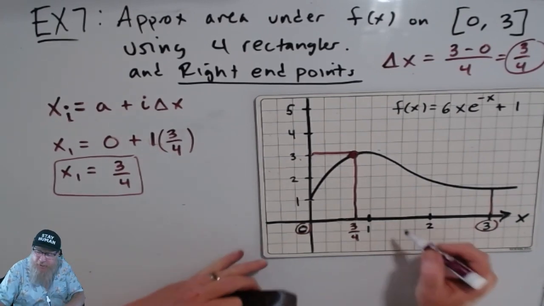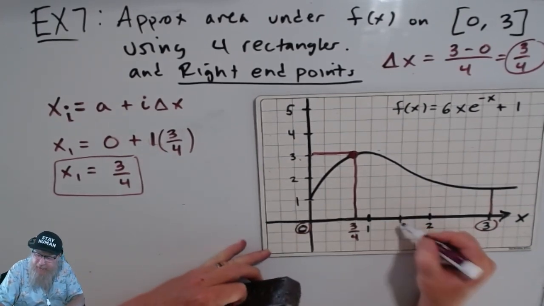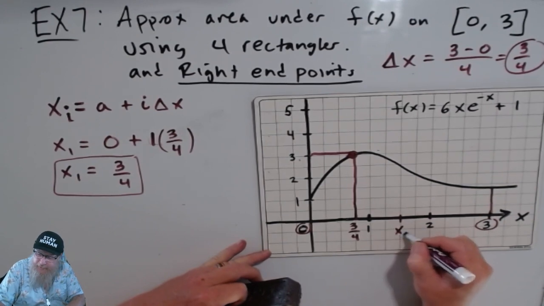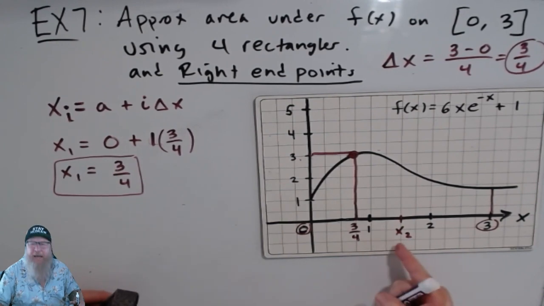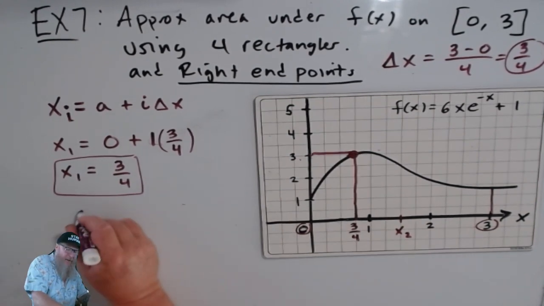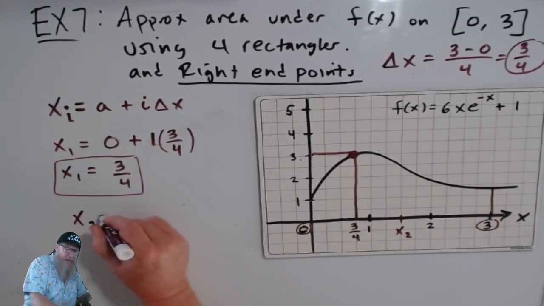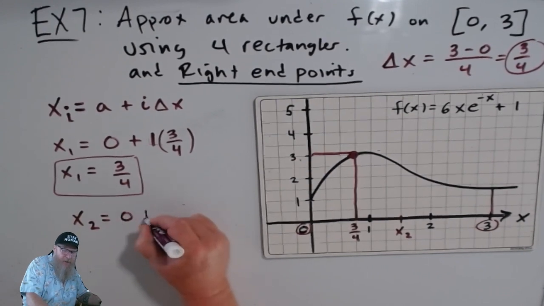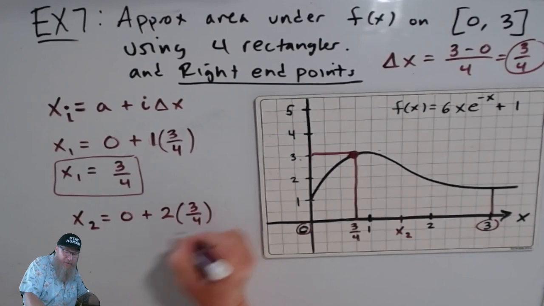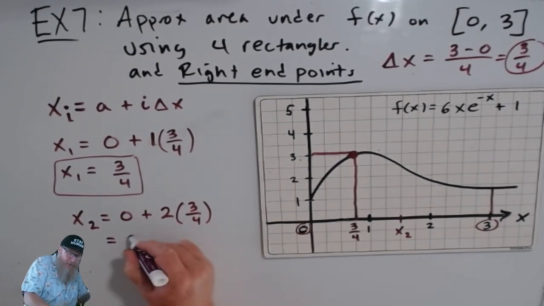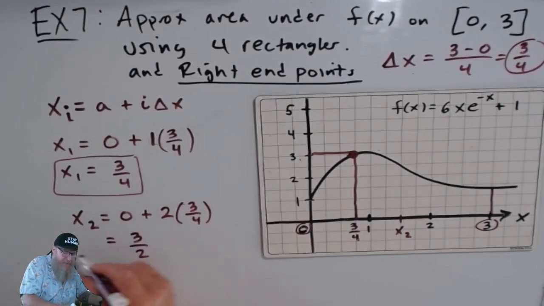All right. Now you can just try to figure out what x2 is. All right, there's x2. If you know what that is, that's great. Write it down now. If you don't, use the formula. So x2 is 0 plus 2 times 3/4, which is 3/2.